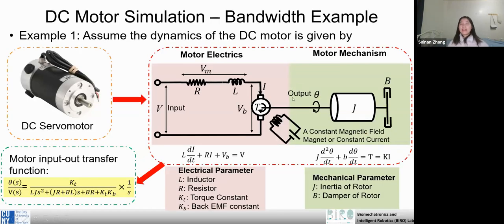The next is an example. Since it will be a little difficult to get the simulation result of bandwidth, I use the last lecture to analyze the bandwidth. This is our DC servo motor, the electromechanical mechanism, and the transfer function.